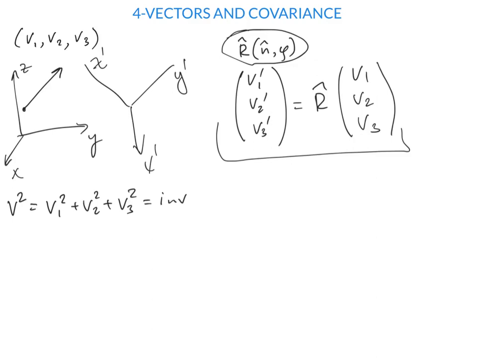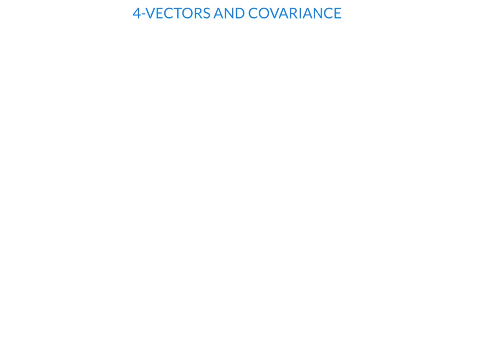Now what we know about these 4-dimensional rotations is that they leave the square of the interval invariant. Now remember, the interval is defined as ct squared minus x squared minus y squared minus z squared. That gives the interval separating the given point in 4-dimensional spacetime from the origin.